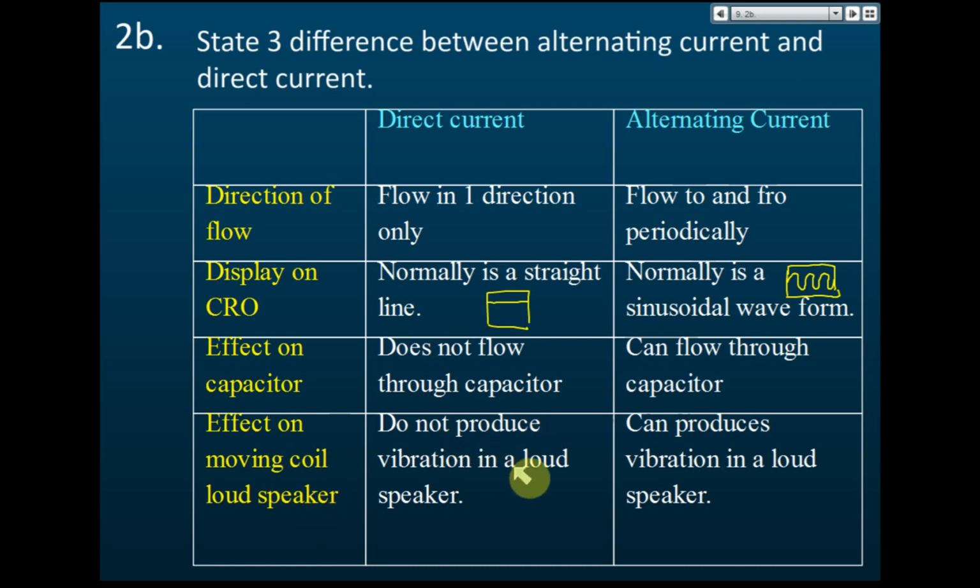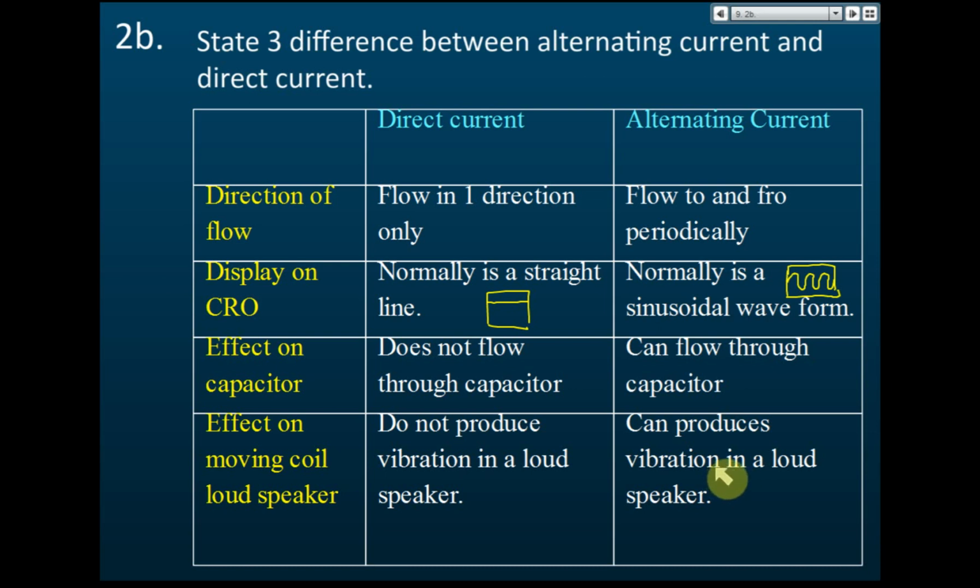Direct current will not produce vibrations in a loudspeaker, but alternating current will produce vibrations in a loudspeaker. Vibration means it will produce sound. If you connect direct current to a moving coil loudspeaker, no sound is produced. But if you connect alternating current to this moving coil loudspeaker, then it will produce sound.